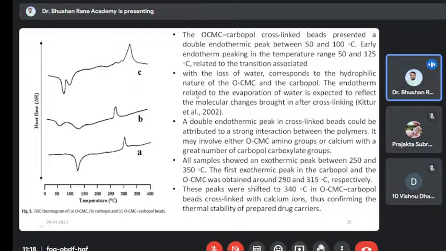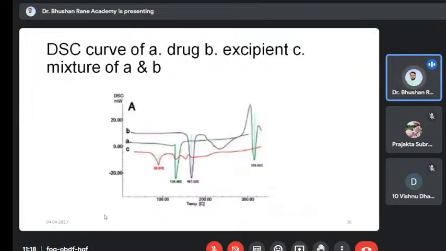So from the DSC you can also confirm whether the two polymers are cross-linked with each other or not. This is one of the best examples of how DSC is utilized to confirm cross-linking between two polymers, or between a drug and a polymer.